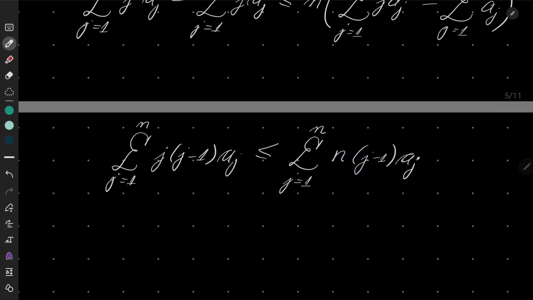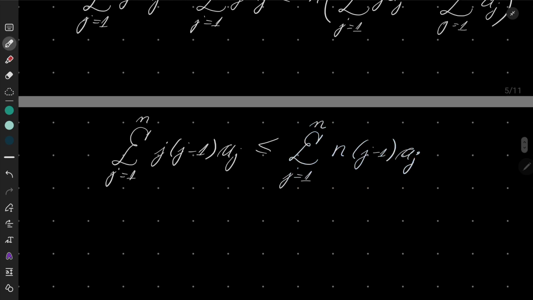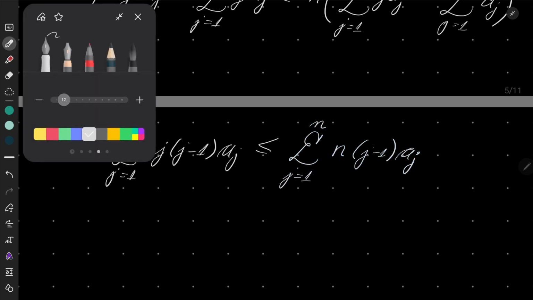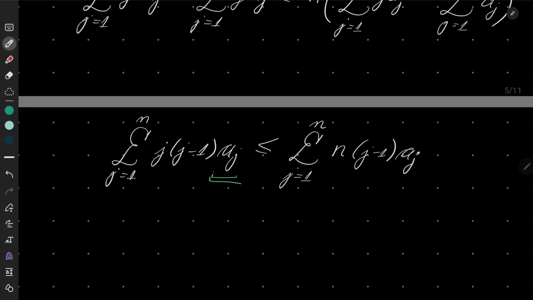Okay, and now why is it true? Well, it is. Why? Because first of all, by our assumption, the aj are non-negative. Moreover, j goes from 1 to n, so the factors j minus 1 are also non-negative. And finally, j is less than or equal to n, so this part is obviously less than n, and n happens to be on the right-hand side.